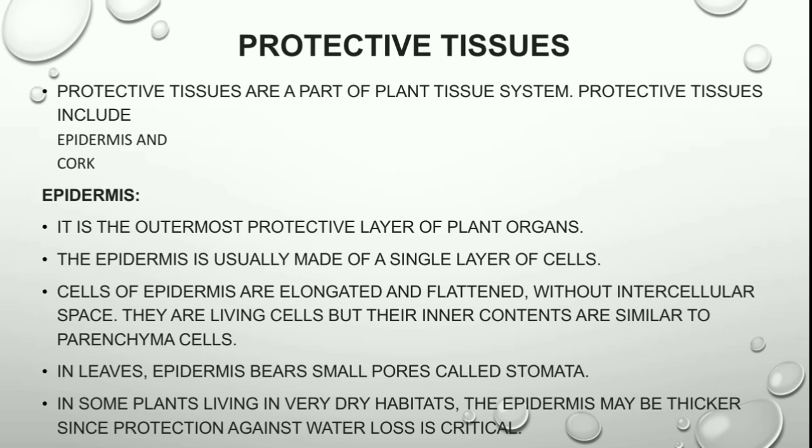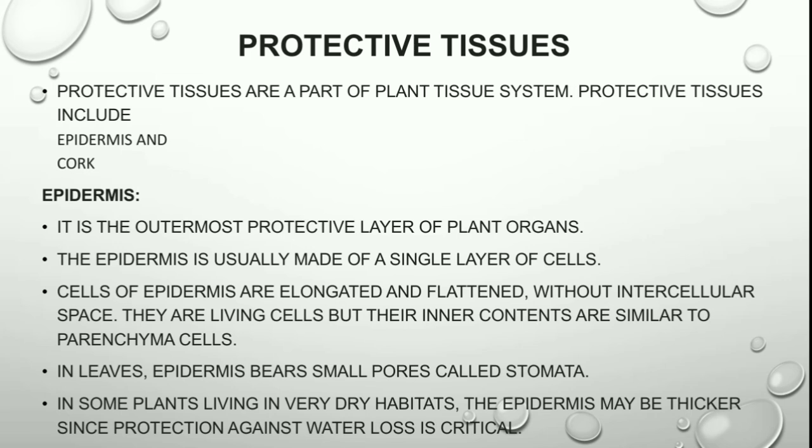Epidermal cells of roots, whose function is water absorption, have long hair-like parts to increase the surface area for efficient absorption. See, the function of root is to absorb water, and so the epidermal cells of roots have thin hair-like structures to increase the surface area, because more area means more absorption of water.